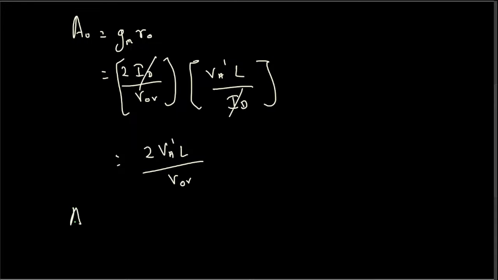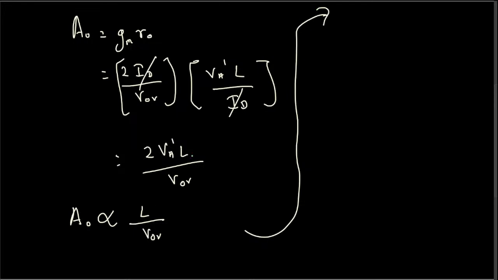We just have to see how the length and V_ov relate to this gain. Length is directly proportional, 1 over V_ov also directly proportional, so we can say A naught is directly proportional to L over V_ov. Because these two terms are the same for both of them, only these two terms are going to differ, so that's why we are seeing the relation between this and the gain.